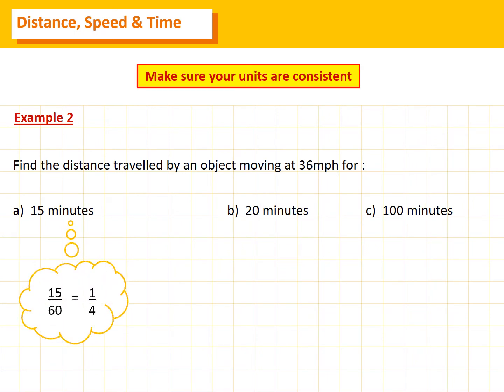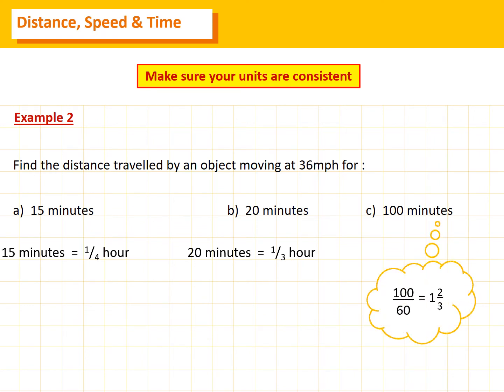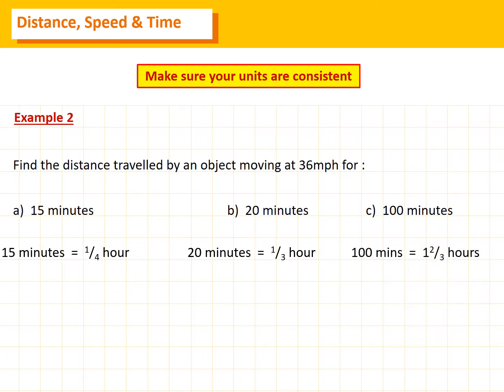So in part A, 15 minutes is a quarter of an hour. In part B, 20 minutes is a third of an hour. And in part C, 100 minutes, 100 divided by 60, is 1 2/3 of an hour.